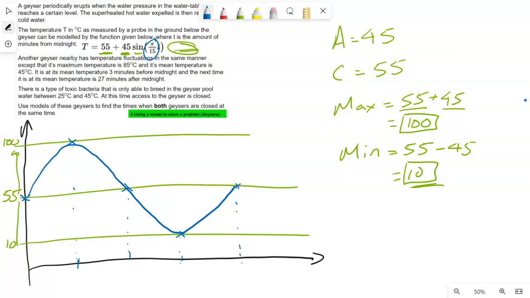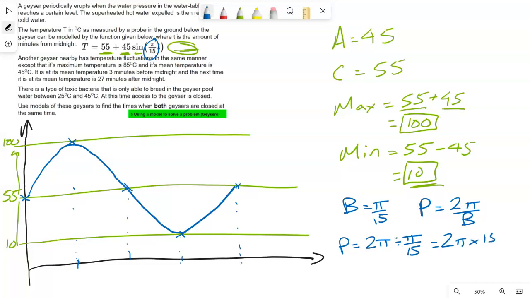So we can see there the frequency is pi over 15, and the period is always 2 pi divided by the frequency. So the period is therefore 2 pi divided by pi over 15, which is the same as 2 pi times 15 over pi.